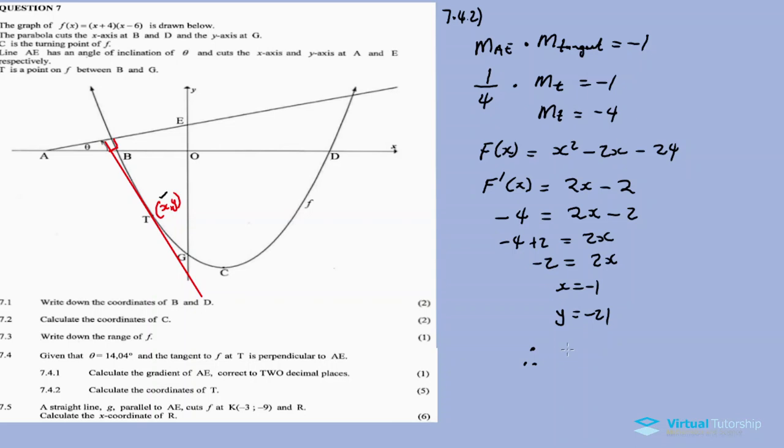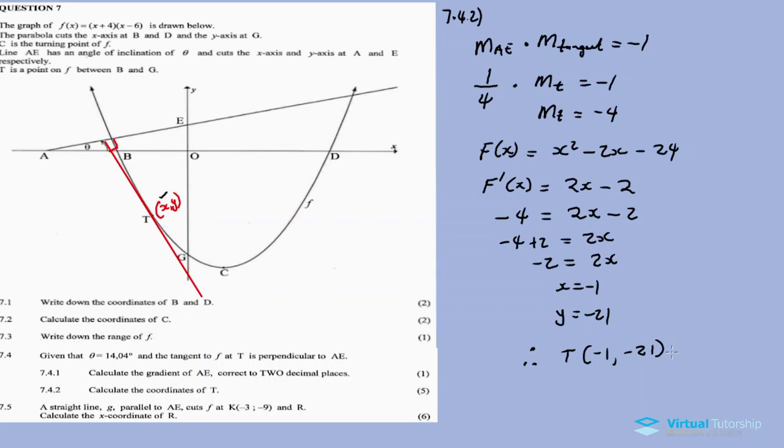Therefore, the coordinates of T are (-1; -21). These are the coordinates of T using the first derivative, as well as the property that if the gradients of two lines are perpendicular, the product is -1.